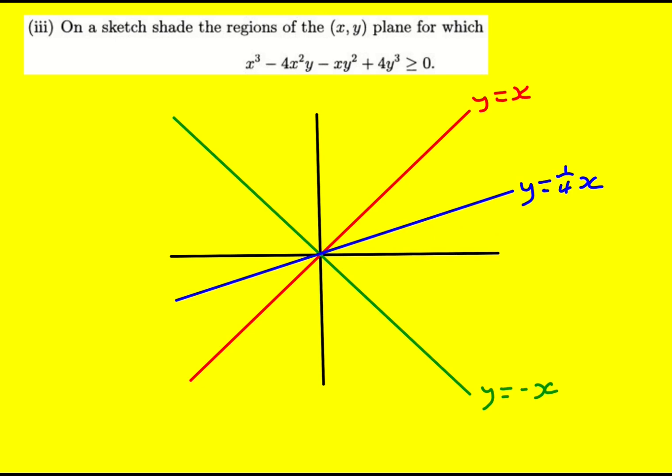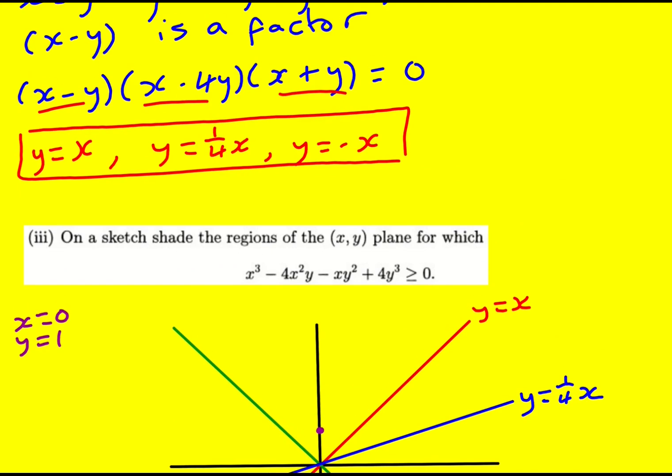Yeah, you could try and do this algebraically, looking at where the terms, basically we need two of them to be positive and one of them negative. So you could use that approach, but probably the best approach is just to try a point out. Let's just try x equals 0 and y equals 1, which would be here. Let's see if it's in the region or not. Then I might just resort to my factorized form, actually.